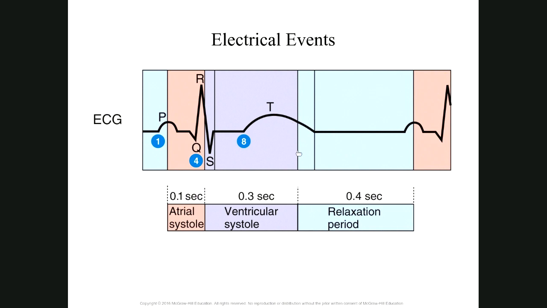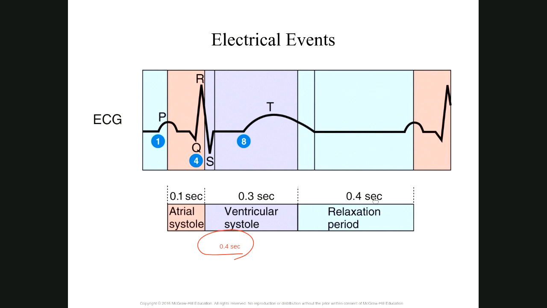All of this happens in 0.4 seconds. Let me write it here for you. They happen in 0.4 seconds. So all the happening which we have in our heart, contraction and relaxation, happens in 0.4 seconds, and the relaxation period of our time is 0.4 seconds.